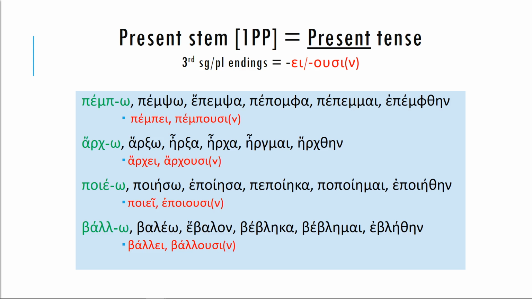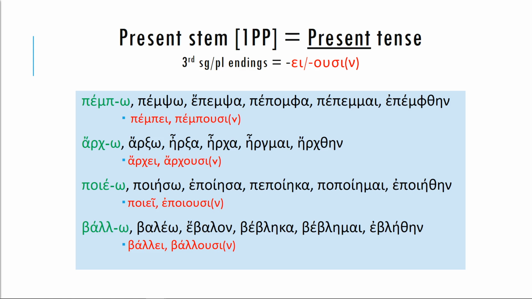Archo becomes arche, archusi. He rules, they rule. Poieo contracts to poie, poiusi, because it's a contract verb. He makes, they make. They are making. They do make, right? Bale, balusi, to throw or cast.